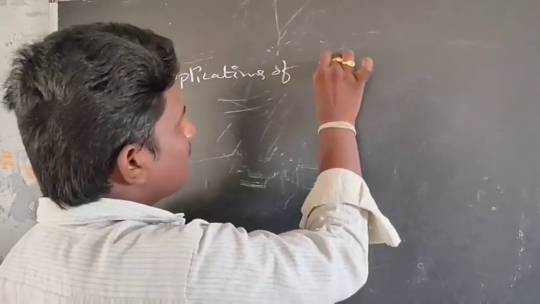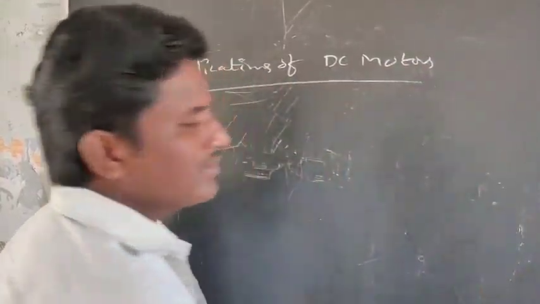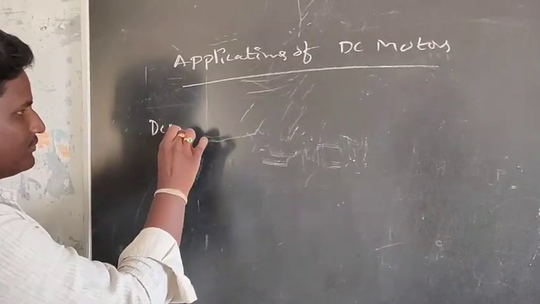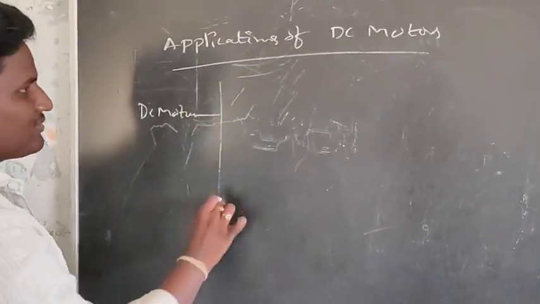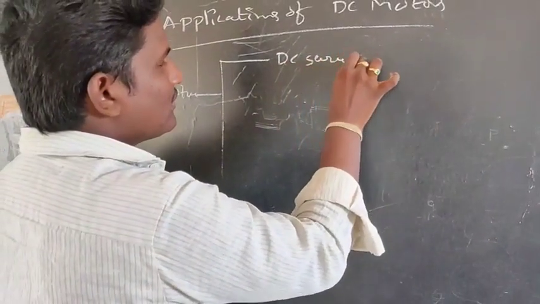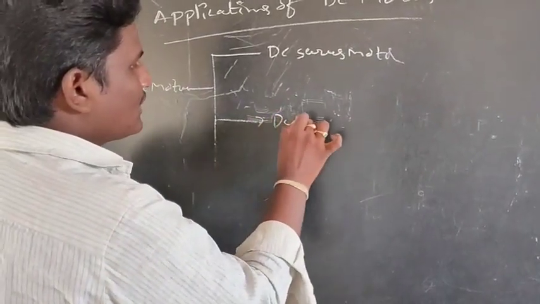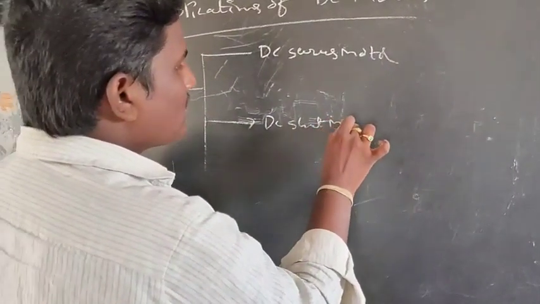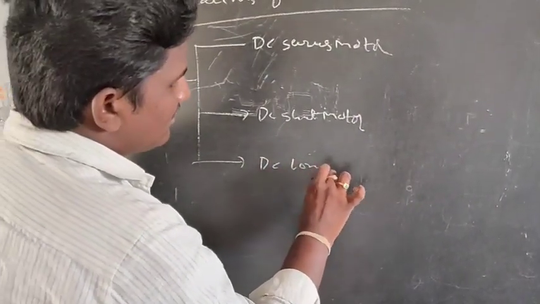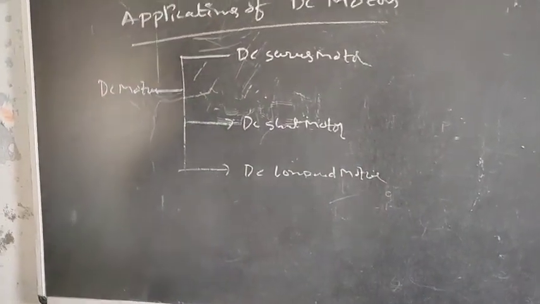DC motors can be mainly classified into the DC series motor, the DC shunt motor, and the DC compound motor.